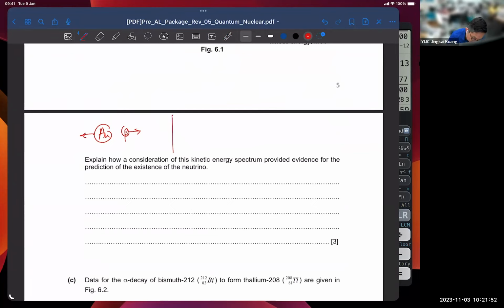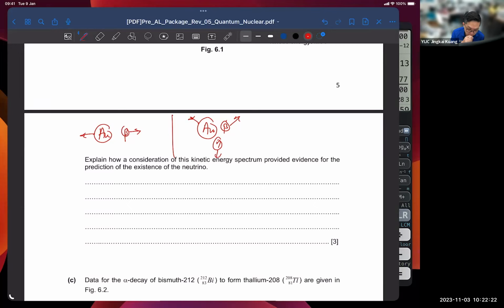Gold may move a little bit this way, beta might go this way, and there must be another particle called the neutrino that will go this way. When you introduce another particle, your beta can take on different kinetic energy values. It doesn't have to have the same kinetic energy because some of the energy can be carried away in the form of the neutrino.